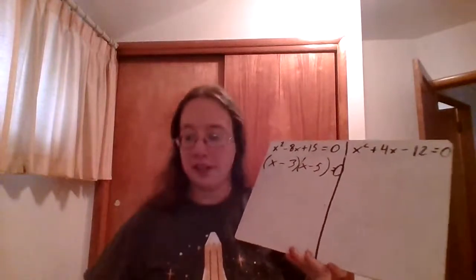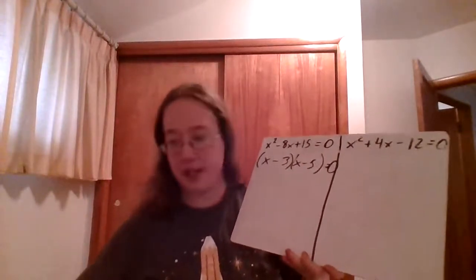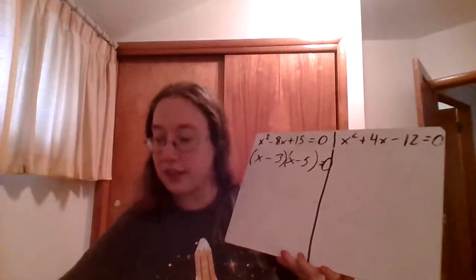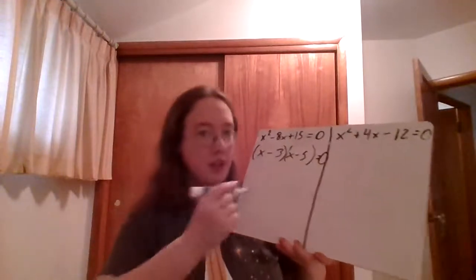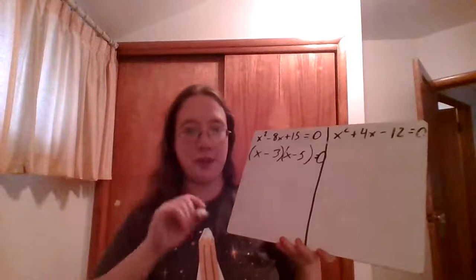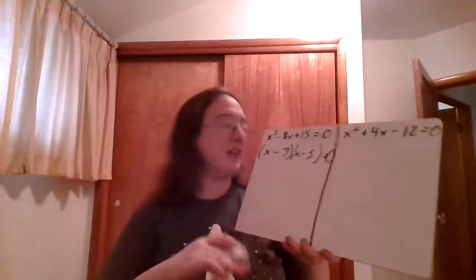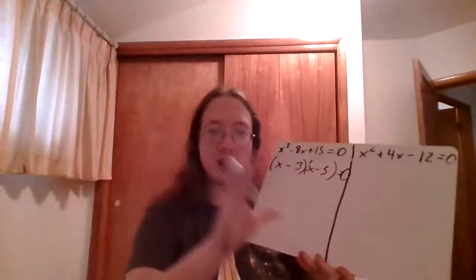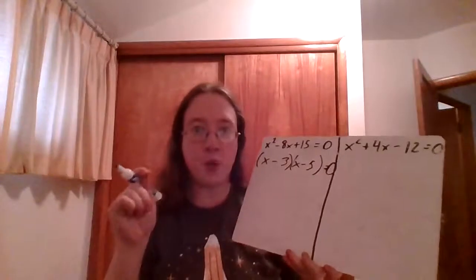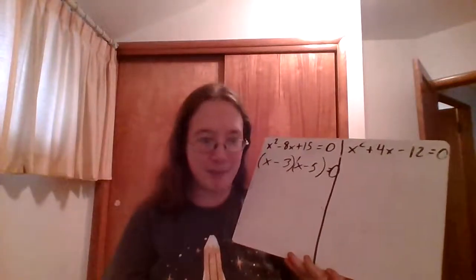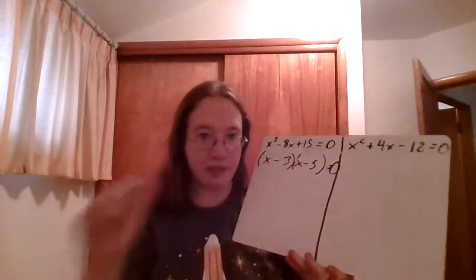Okay. Now we're going to deal with that equals 0. And I'm going to grab a different color here. So we said on Thursday, about a week ago, that if you have something times something and you're ending up with 0, the only way that's going to happen is if one of your things is 0.